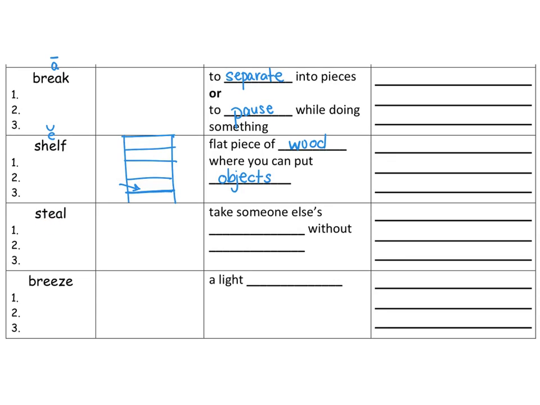The next word, steal, EA. There we have the long E sound. Steal. Steal means to take someone else's something without what? So if you steal from someone, you take their things.